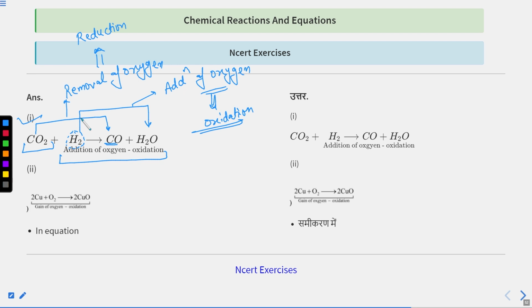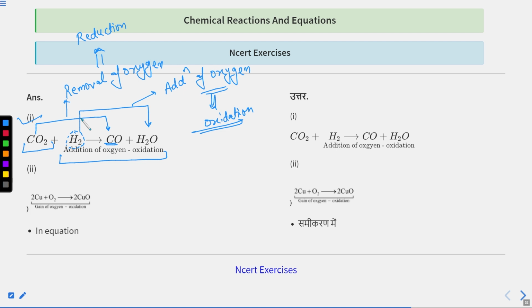Oxidizing agent, reducing agent, reduction and oxidation, these four terms are different. Oxidation: addition of oxygen, removal of hydrogen, loss of electron is known as oxidation. Reduction: addition of hydrogen, removal of oxygen, gain of electron is known as reduction. What is an oxidizing agent?